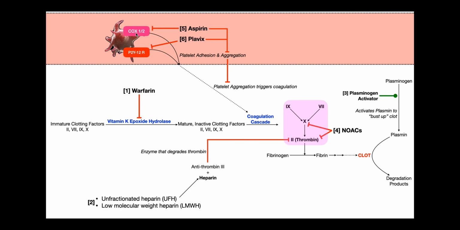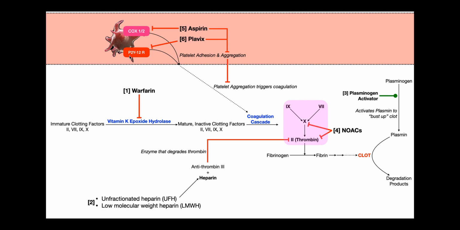And so if we want to prevent unnecessary blood clots and prevent unnecessary platelet adhesion, which will then lead to blood clots, then we should inhibit this enzyme COX-1 and COX-2. And aspirin is the drug that does that. Aspirin inhibits COX-1 and COX-2 via suicide or irreversible inhibition, and that leads to less prostaglandins, less thromboxanes produced by the platelet, and less platelet adhesion and aggregation. Okay? So again, if there's less platelet adhesion, then more platelets can't come and aggregate, and you get less blood clots. Platelets become less sticky, basically.